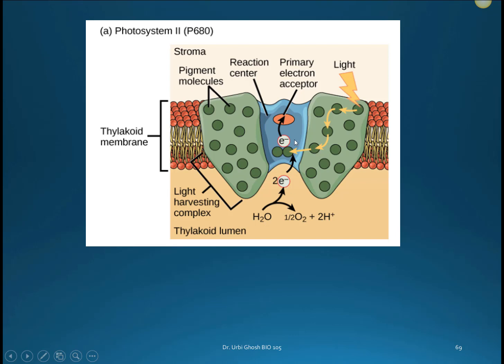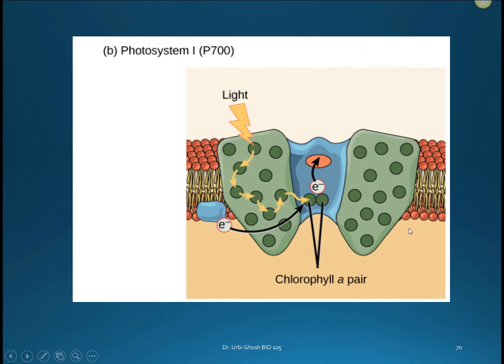The electrons will replenish the pigment centers that get excited, and the oxygen is released into the air. In photosystem 1, the electrons that come to replenish come from the electron transport chain, and the chlorophyll A pair is replenished through that system.